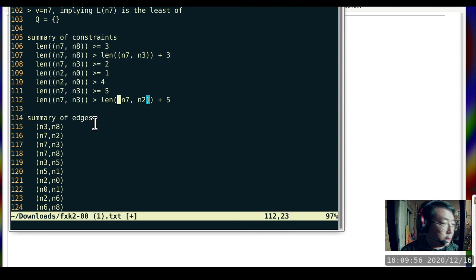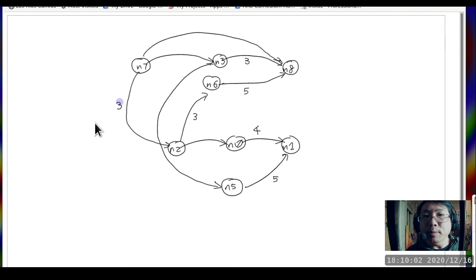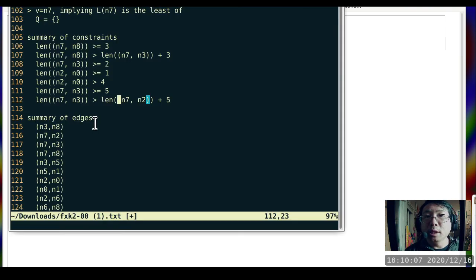So n7 n2 is another 3. So going back to the graph, that's the 3 that I just added. Okay, so now we replace that to a 3, and then 3 plus 5 is an 8.